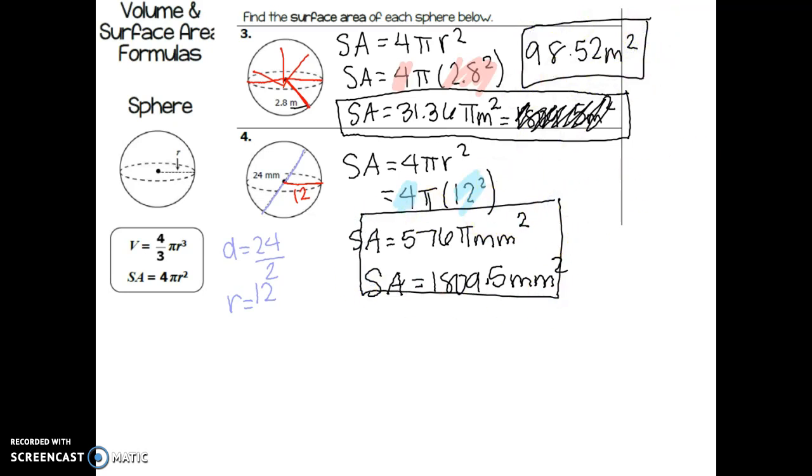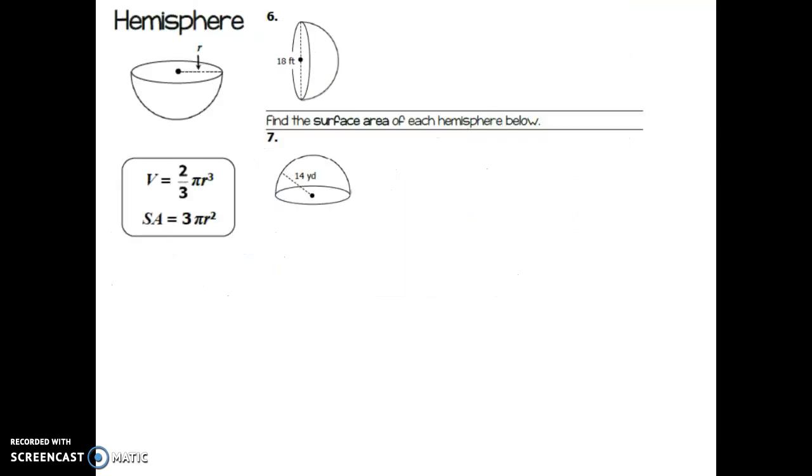Let's look at hemispheres. Hemispheres is, of course, only half of that sphere, so it actually has its own little equation as well. And I do want you guys to go ahead and put the 2/3 in parentheses. That way you don't forget when you're inputting it into the calculator.